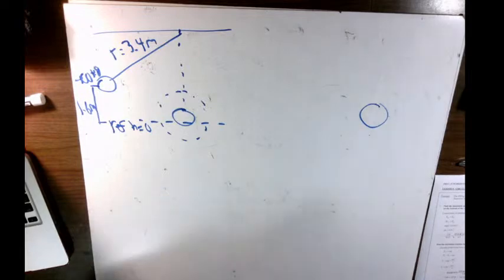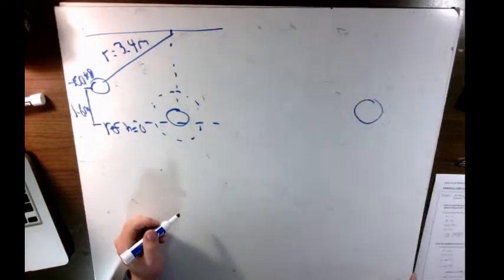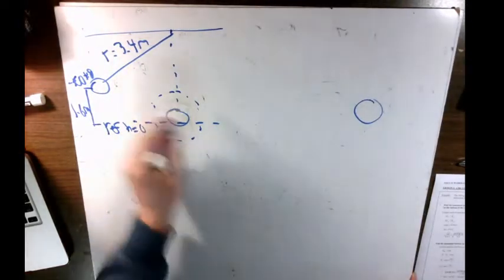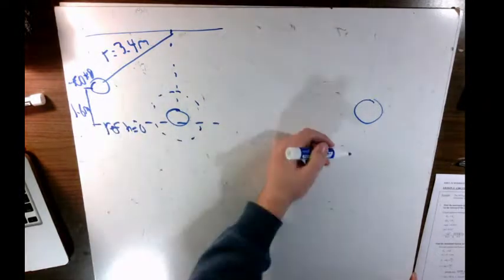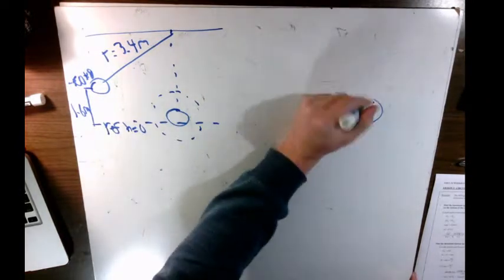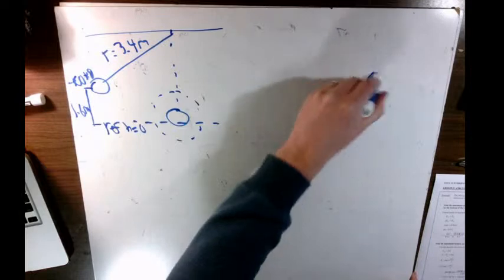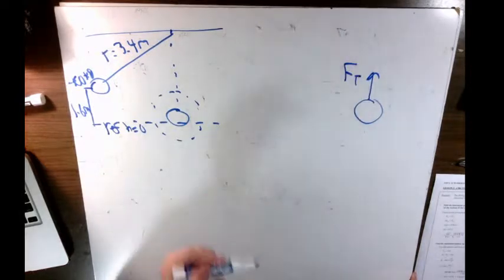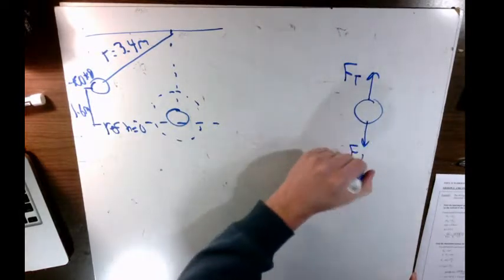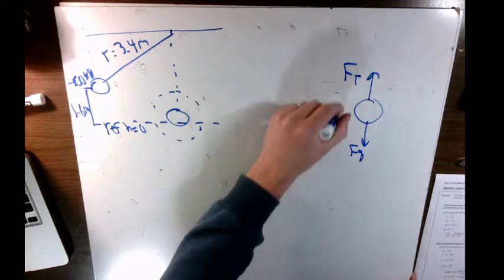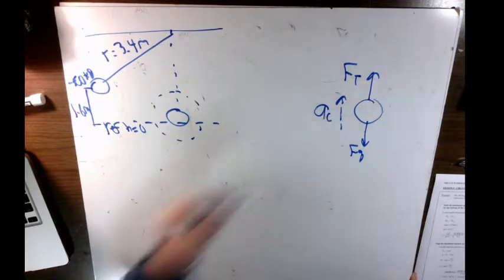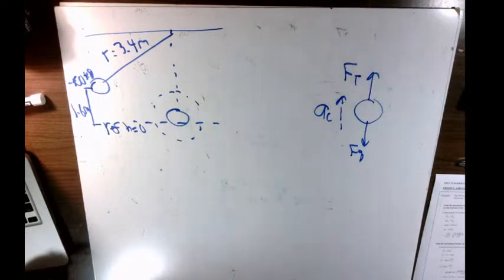If we look at the free body diagram, we can verify that quickly. Here's our wrecking ball with the rope attached to it. Our free body diagram would have force of tension up, force of gravity down, and it'll be accelerating towards the center with centripetal acceleration upwards.